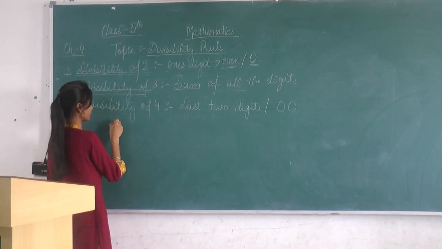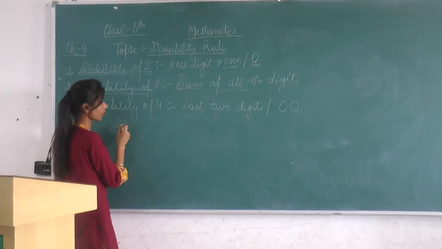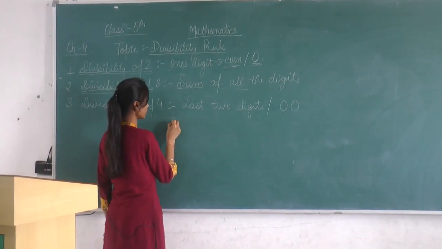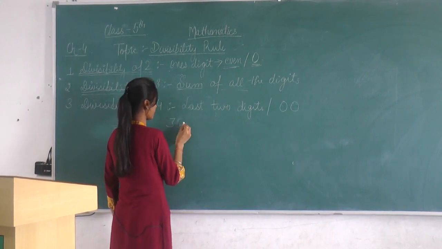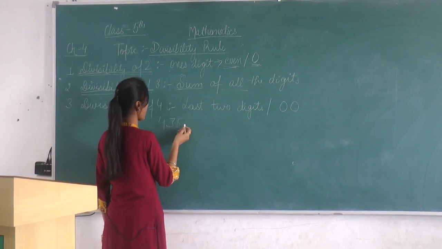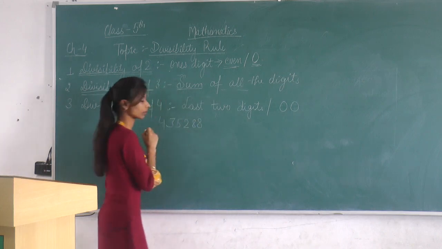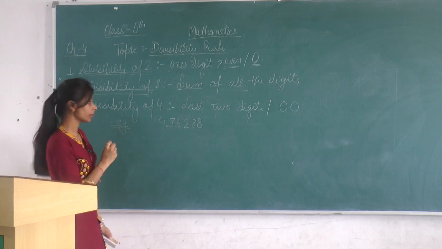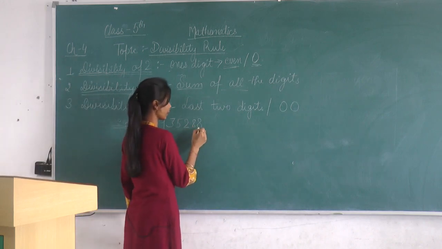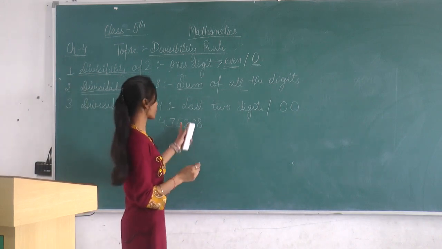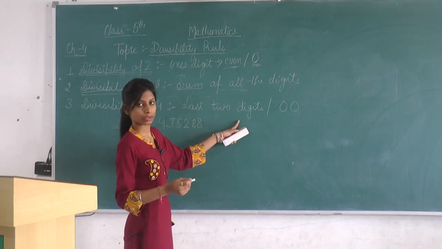Let's take an example. Suppose I am taking the number 3, 5, 4, 3, 5, 2, 8, 8. According to the rule, we have to check the last 2 digits of the number.